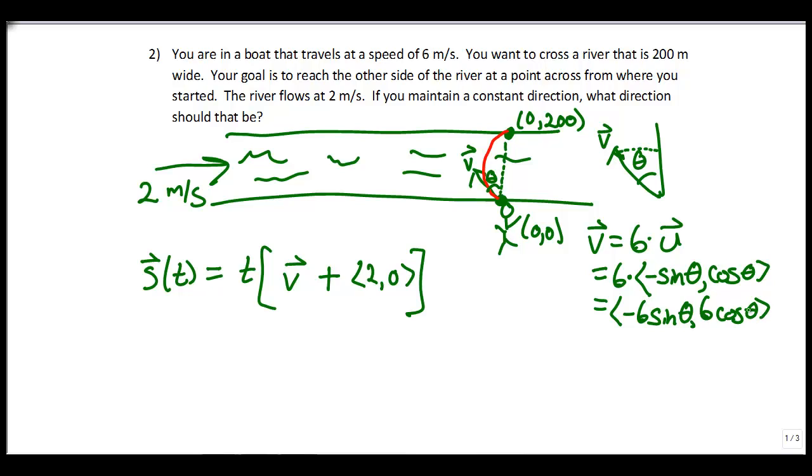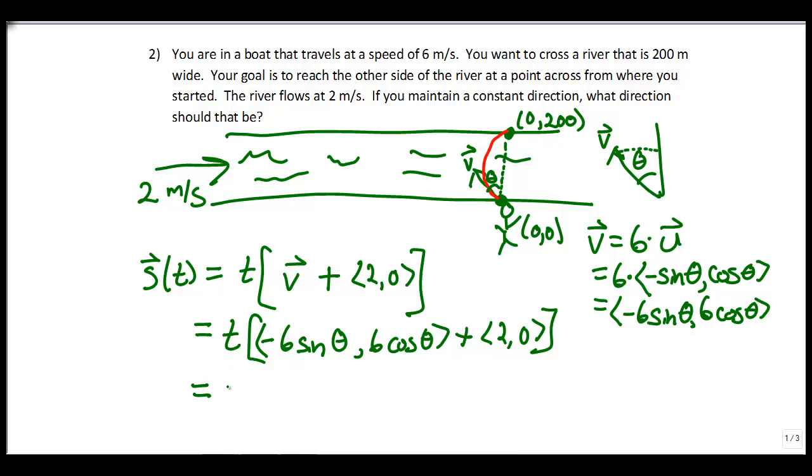We have to figure out what theta is. So what we get in the end is t times the vector negative 6 sine theta, comma 6 cosine theta, plus the river current 2, 0.